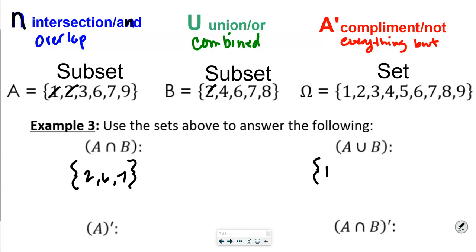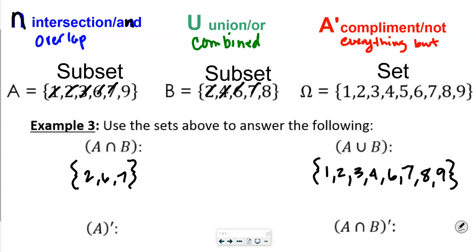And then we've got 2 in both sets, right? And then we've got 3. And then we got 4 in this set. And then we don't have a 5, but we have a 6. And then we have 7 in both sets, right? And then we have 8 in the B set, and 9 in the A set.